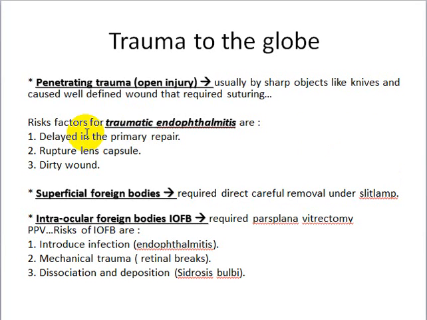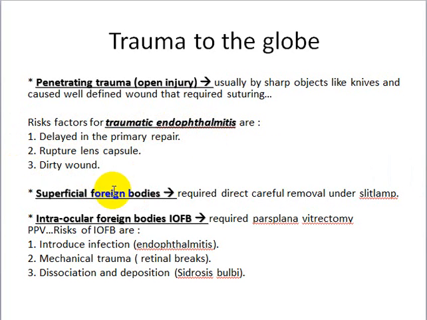The risk factors for traumatic endophthalmitis are delay in the primary wound repair, rupture of the lens capsule, or dirty wound. All these three factors are risks for development of traumatic endophthalmitis.